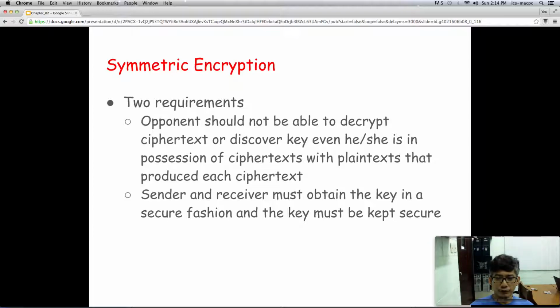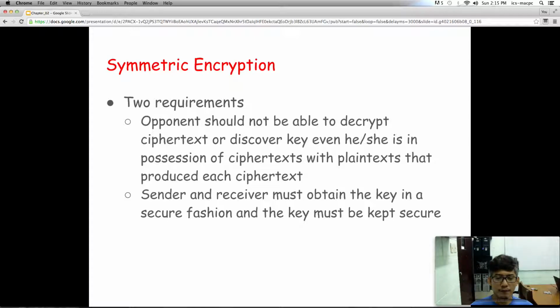There are two main inputs for the encryption algorithm. You have the plain text and the key. Now, if the opponent or the attacker has possession of the ciphertext and the plain text from which the ciphertext was derived, then the symmetric encryption should make sure that it is not possible for the opponent to derive the key from the available plain text and ciphertext.